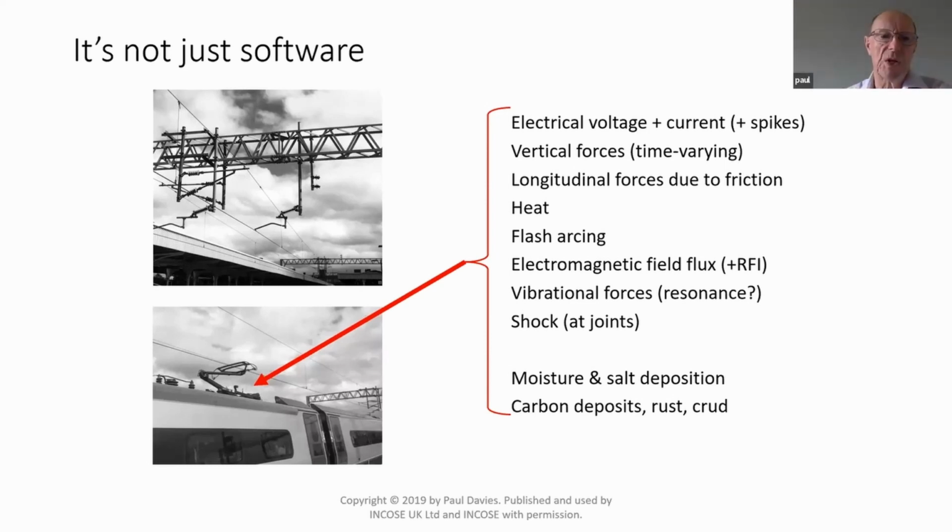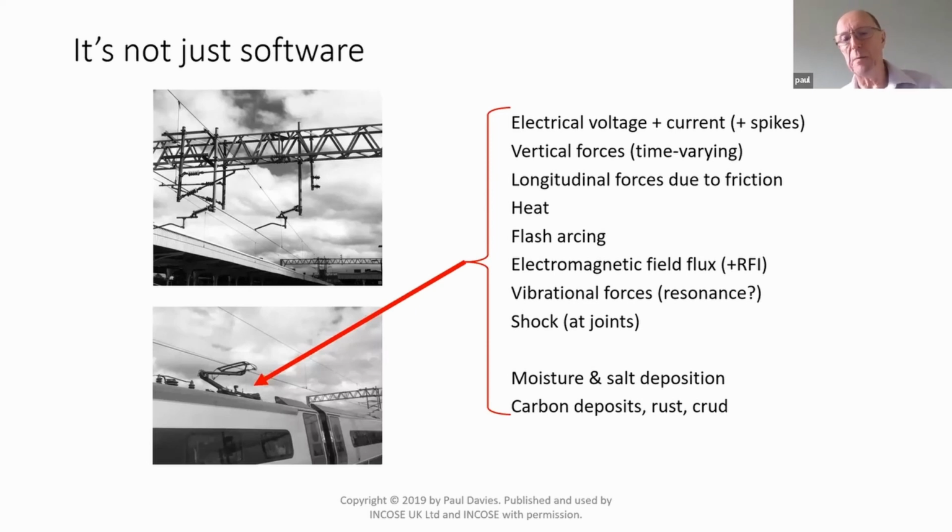But there will also be time varying forces vertically, depending on the tension in the overhead line and the elasticity of the pantograph arm, longitudinal forces due to friction, which transfer heat. There can be flash arcing when the pantograph arm does not maintain contact with the line.